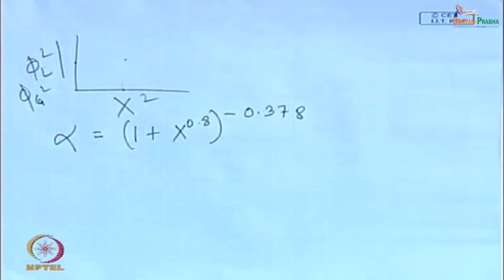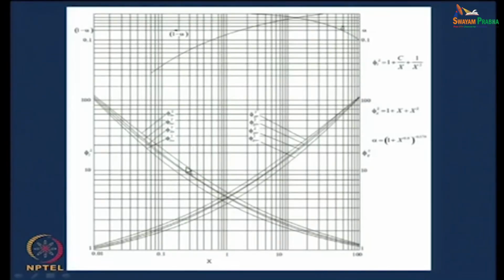Okay. Now, remember certain things out of these particular 4 curves that I have shown here. It is very rare that the gas flowing alone will be turbulent and the liquid flowing alone will be laminar. So, this case is not much used, but this particular curve can be used, and we find that it gives you a comprehensive idea about how phi L square and alpha vary with x square.